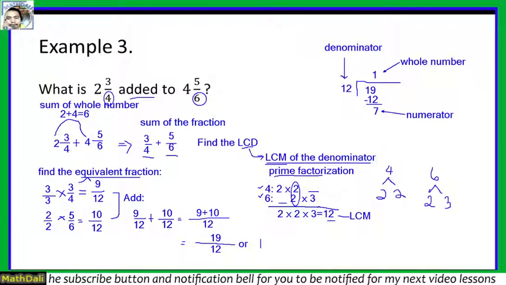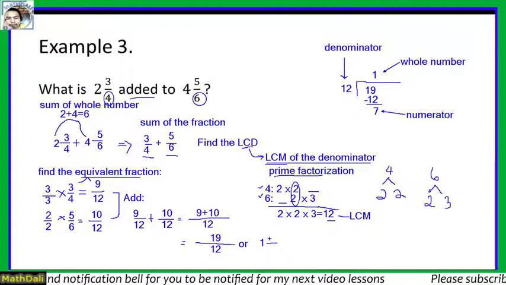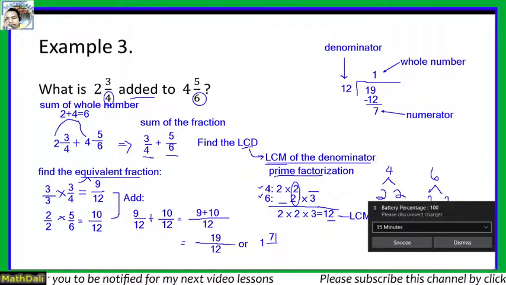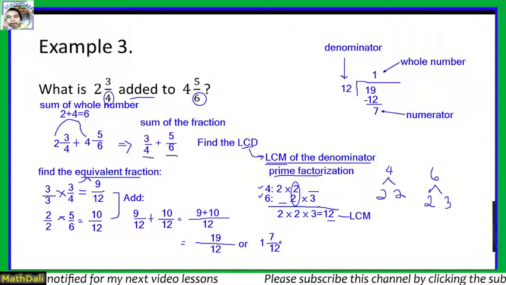We have 1 and we have 7 over 12. Ilagay natin dito ating 7, yung numerator over the denominator, that is 12.